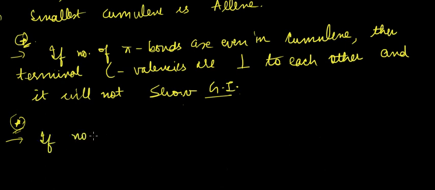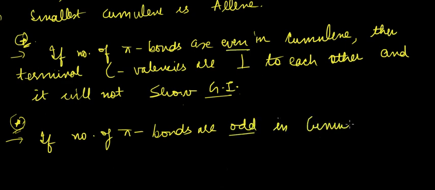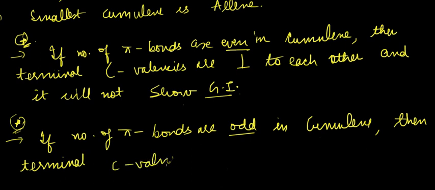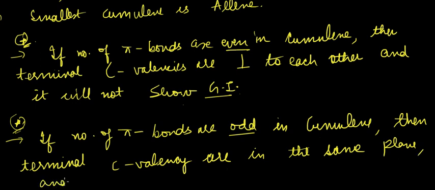So if the number of pi bonds is odd in cumulene, then the terminal carbon valencies are in the same plane, and it will show geometrical isomerism.